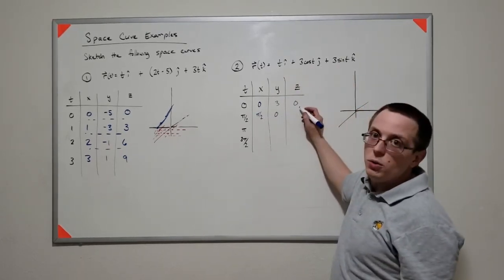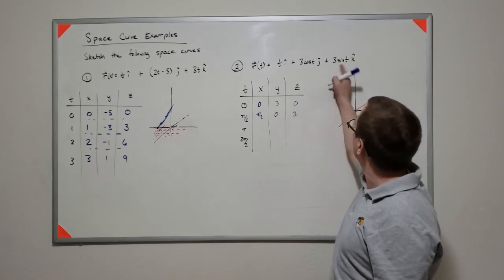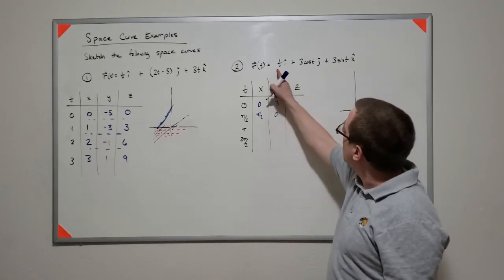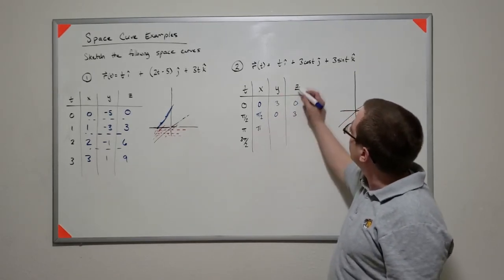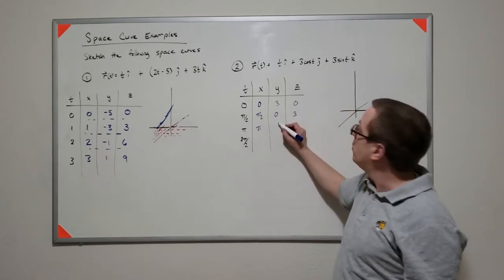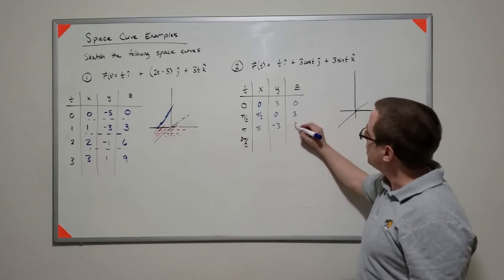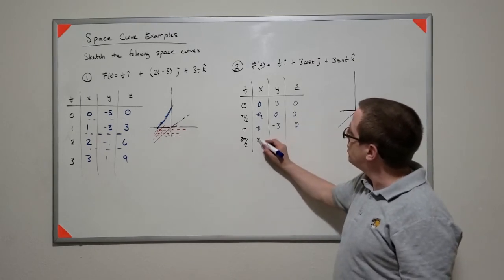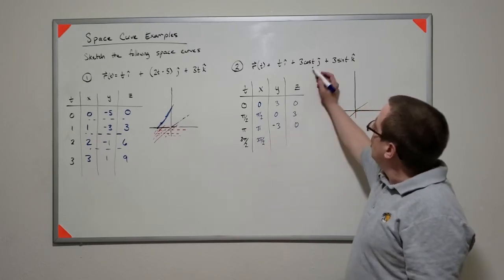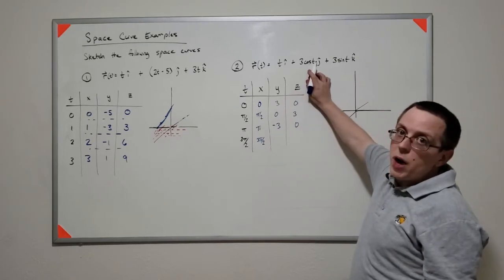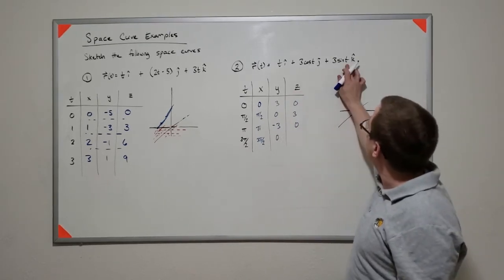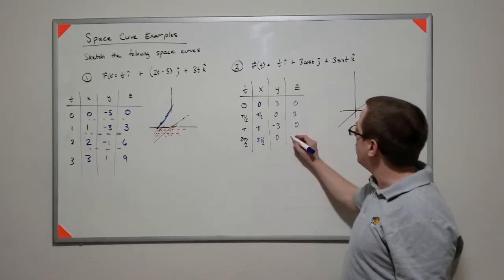Sine of pi over 2 is 1, so 3 times that is 3. At pi, cosine is negative 1, so that's negative 3, and sine is 0. And then this is 3 pi over 2. Cosine of 3 pi over 2 is 0. Sine of 3 pi over 2 is negative 1, so we have negative 3.